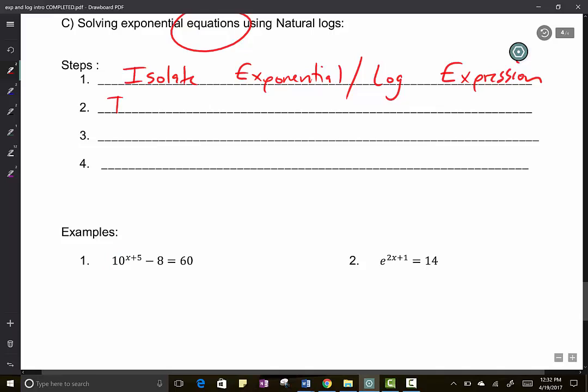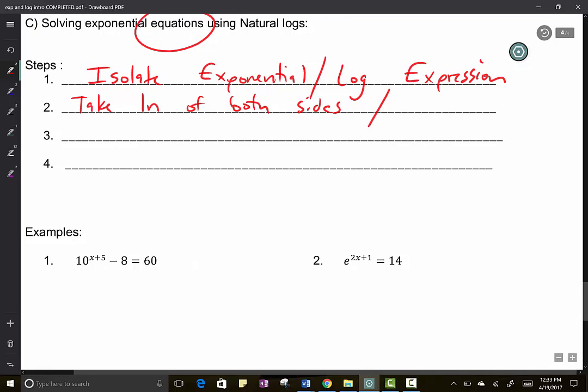Then we either take the natural log of both sides, that's one tactic, or you convert to exponential.